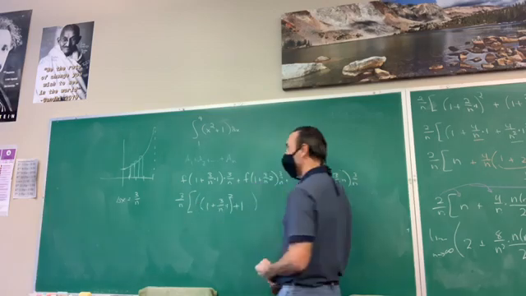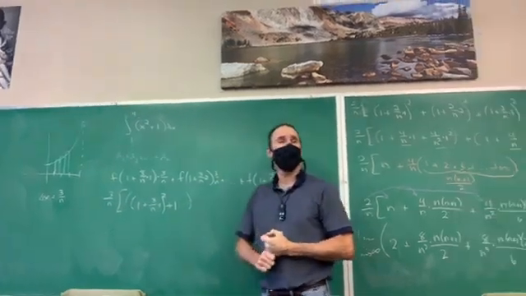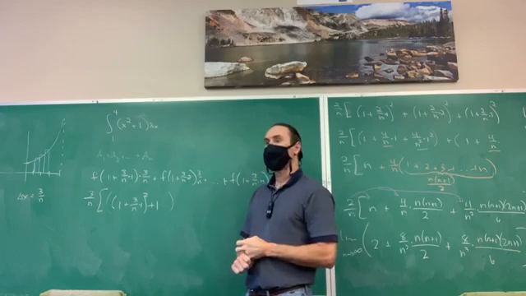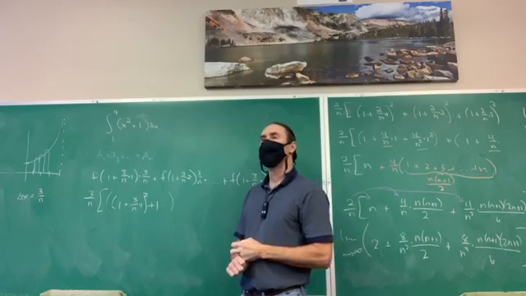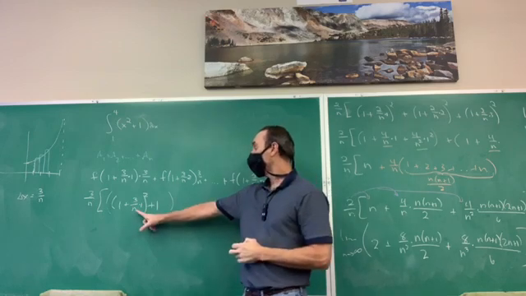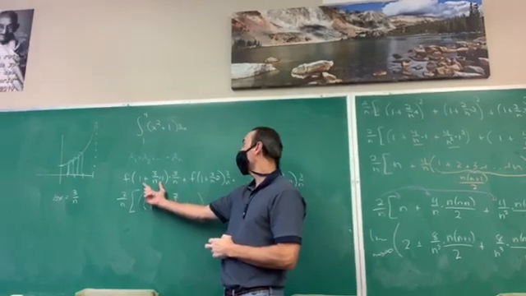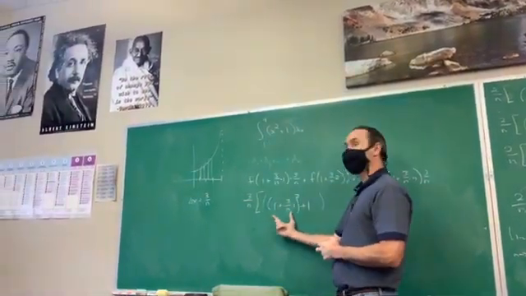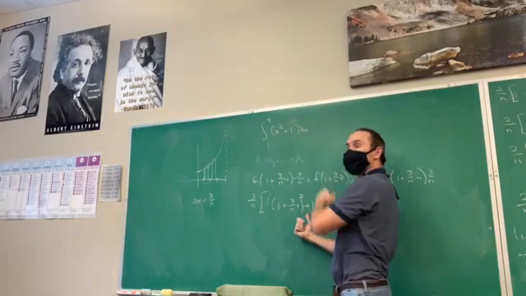Remember, you have an extra plus 1 in here on your function that we didn't have before. So when you plug that in, you're going to plug this 1 plus 3 over n times 1 in for the x. That's going to get squared, and then you still have another plus 1.